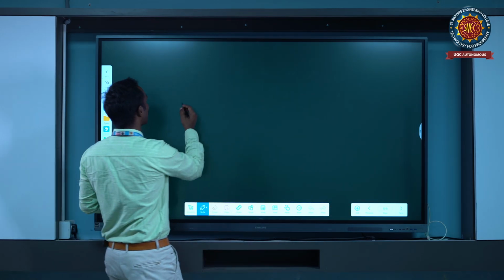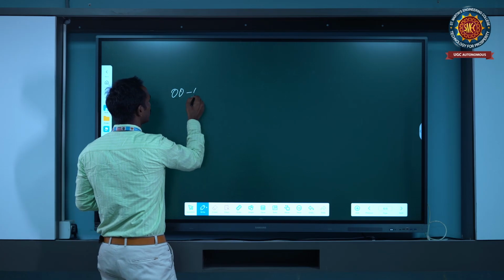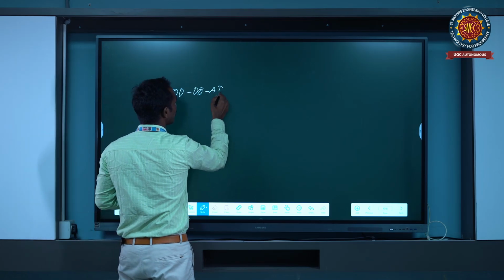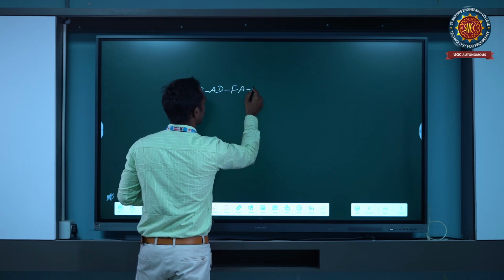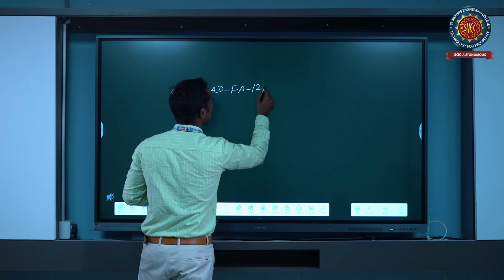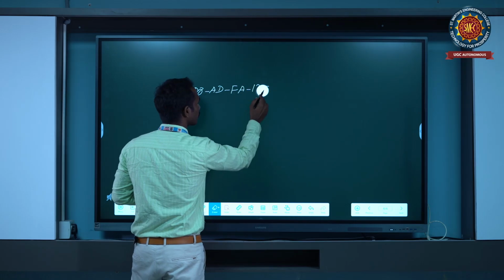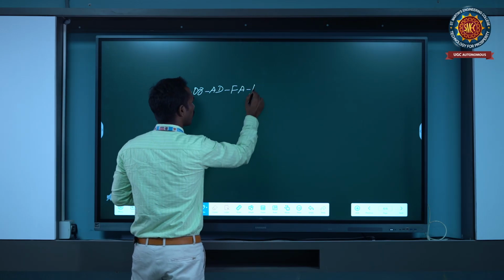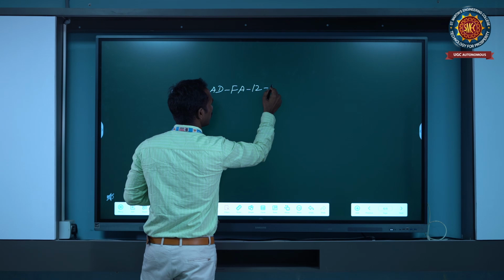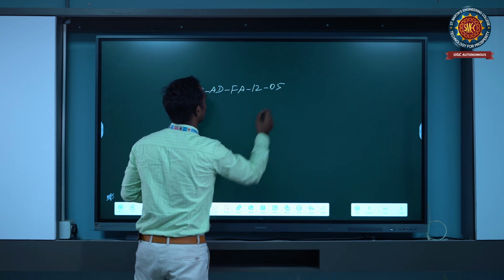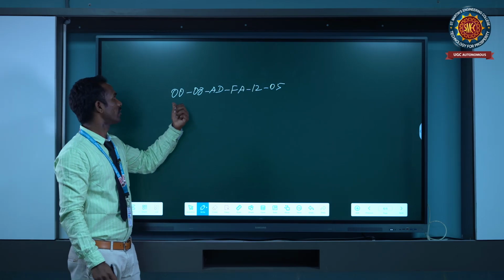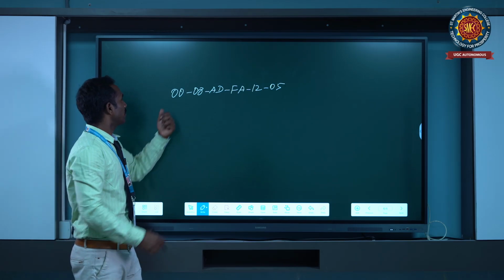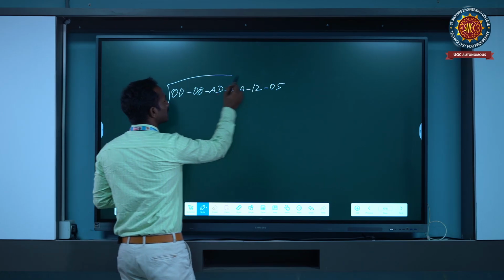The MAC address looks like this: 0008 AD FA 12 05. So the MAC address should be like that only. This is the hexadecimal format.